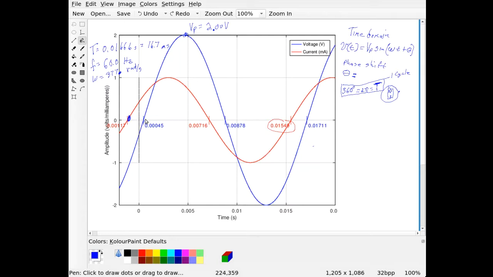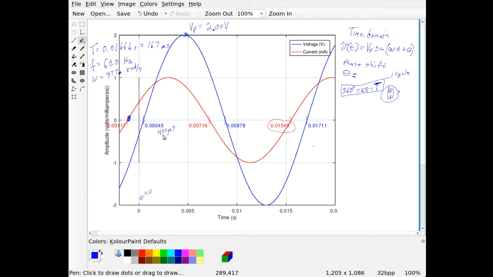So we're still working on the voltage here. It took basically 450 microseconds after time t equals 0 before the voltage waveform finally started going positive.